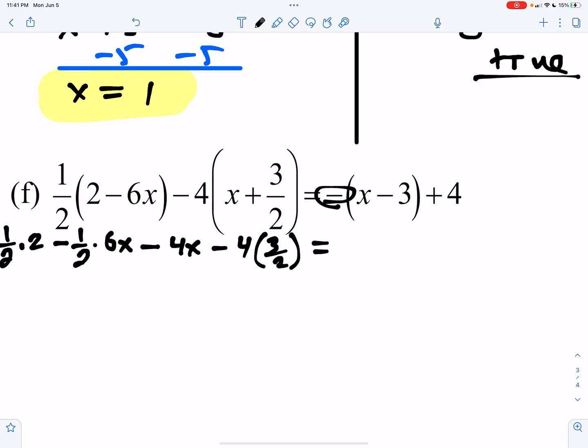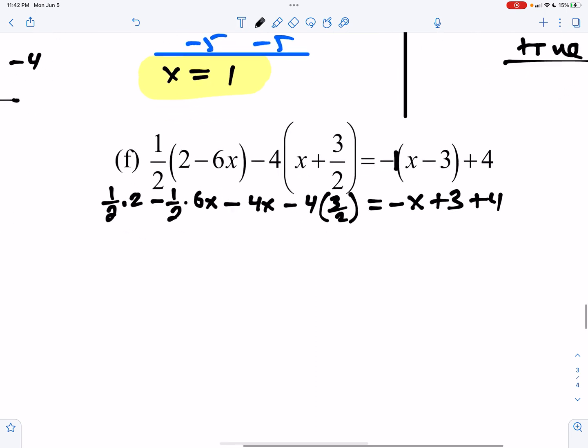Now out here, hiding out here, that little negative is actually a -1. So I'm going to multiply -1 times the x and times the -3. So -1 times x is -x, and -1 times -3 would be +3. And then we've got a plus 4 there. So cleaning this up, 1/2 times 2 would be 1.